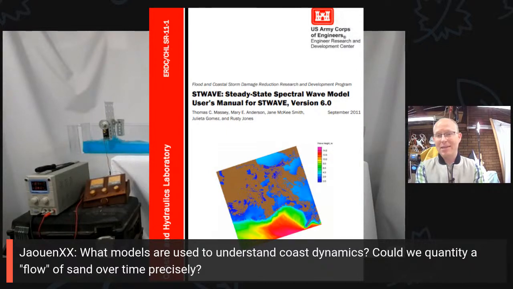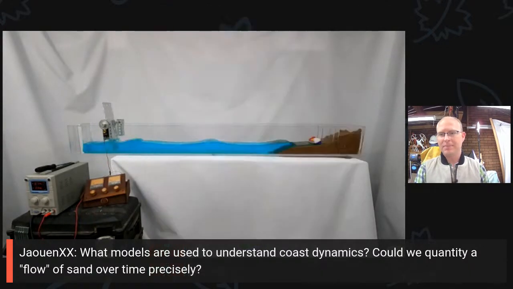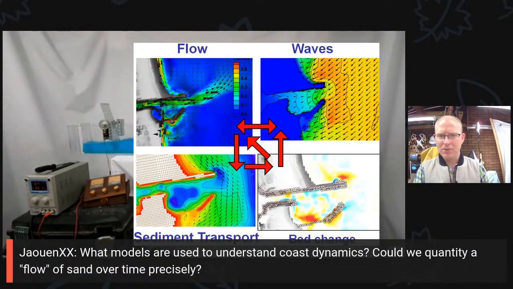And I believe all three of these that I'm mentioning were developed by the U.S. Army Corps of Engineers. And so, the other question was about, can we characterize the flow of sediment accurately? So there's a model called CMS, the Coastal Modeling System, and this can do really a lot of stuff. It can do 2D flow.